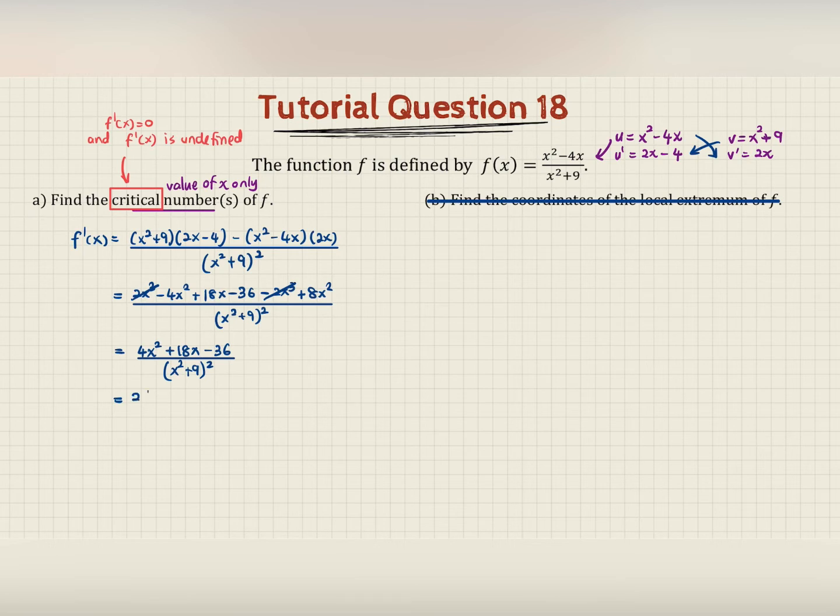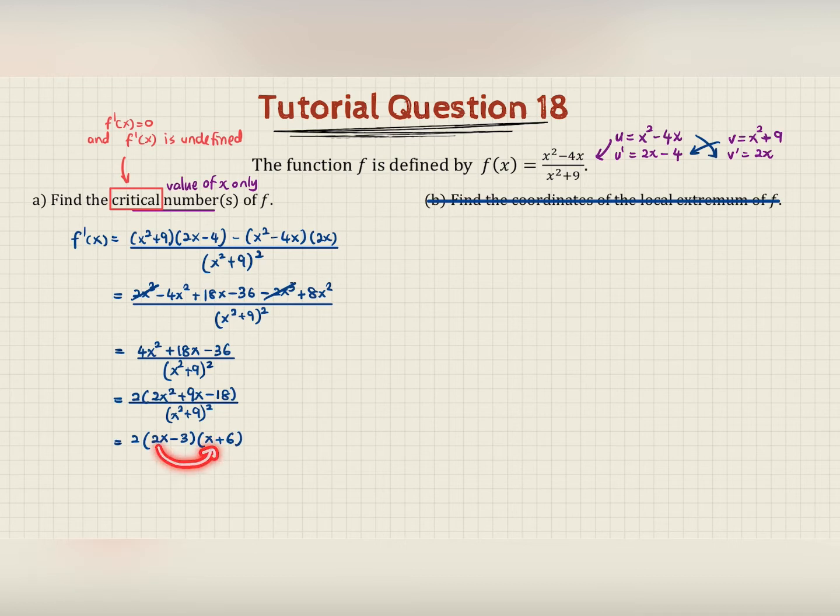Yang numerator ni kita dapat 2x square plus 9x minus 18. Kalau 13 dapat 26. Okay, so x square plus 9 squared, kita boleh factorize tak? Ya, 2x, 6, 12, 18. Okay, 2x minus 3 ke plus 3 nanti kita tengok. And then x plus 6, boleh tak?